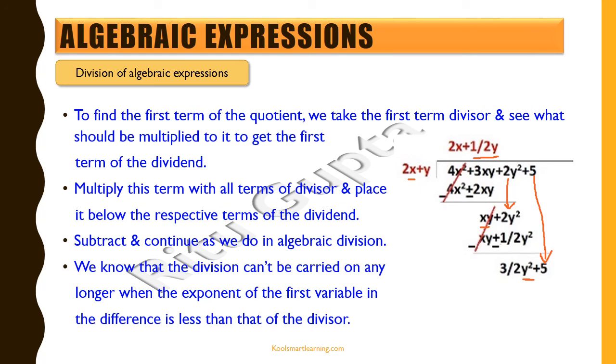So now the exponent of x in this difference is 0, which is less than the exponent in the divisor. So now we cannot perform the division anymore. So 3 by 2 y square plus 5 becomes the remainder. 2x plus y obviously remains the divisor. 2x plus half y becomes the quotient in this case, and that's how we get the quotient and the remainder.